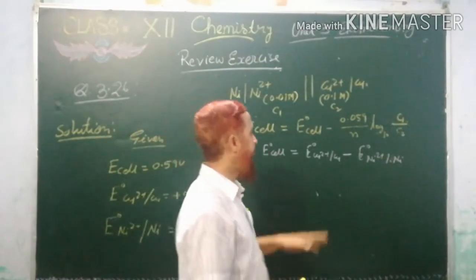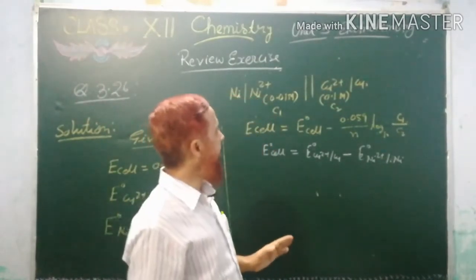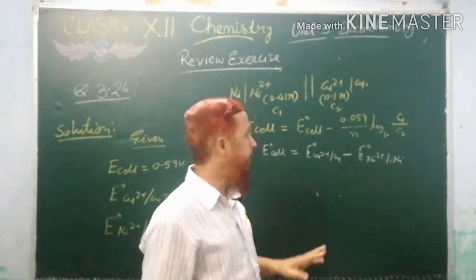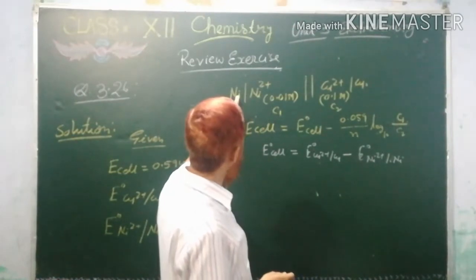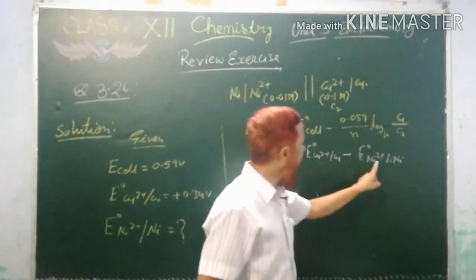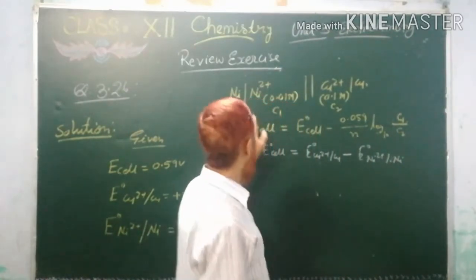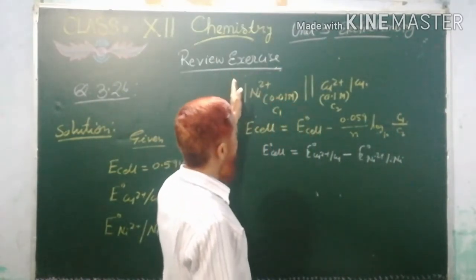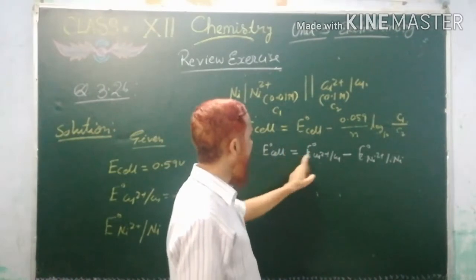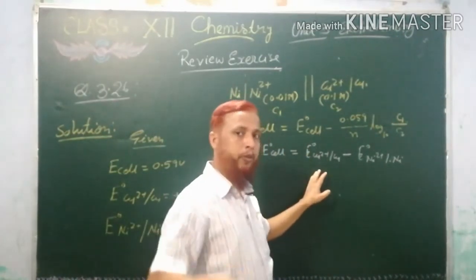Important point here. Some students may be confused that in the cell it is given as Ni upon Ni2+, so why are we writing Ni2+ oblique Ni? Remember, this is given as the oxidation process, and in E naught cell we always use reduction potential.